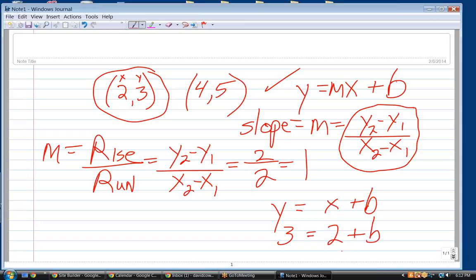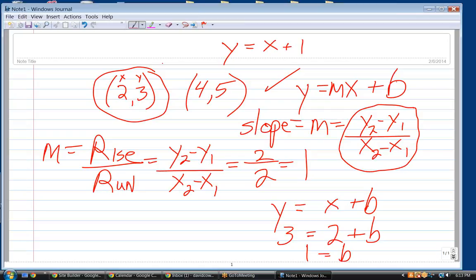If I solve for b, what do I get? You'd subtract 2 from the right, and then subtract 2 from the left, and you get 1 equals b. Okay. Now I have everything I need to write my equation of the line. What is it? y equals x plus 1. That's it.